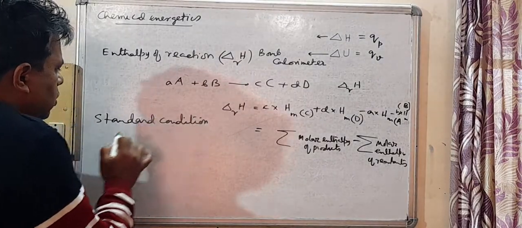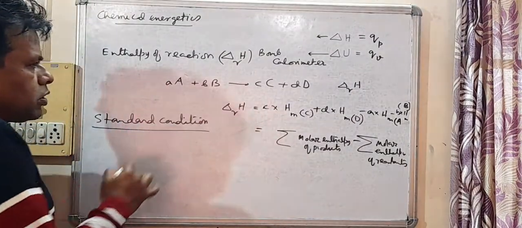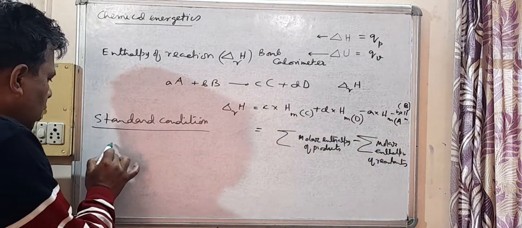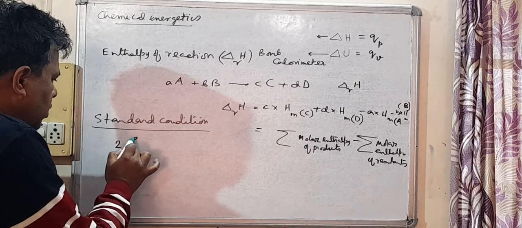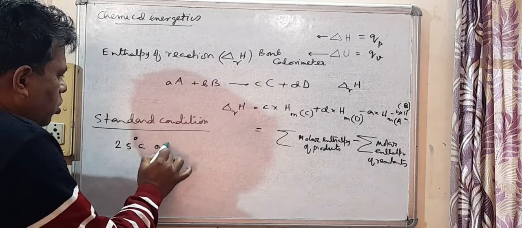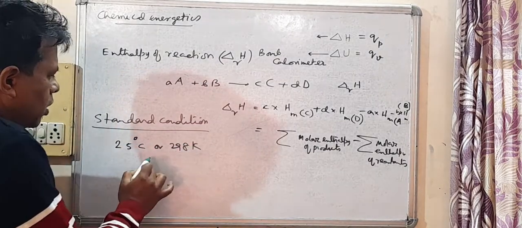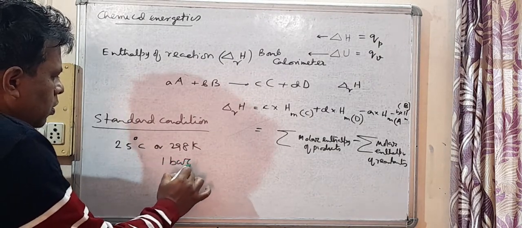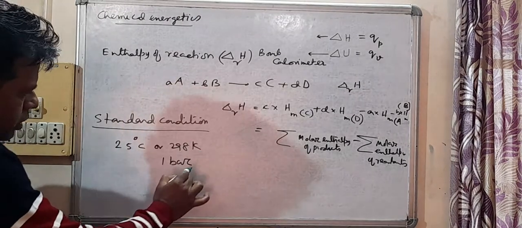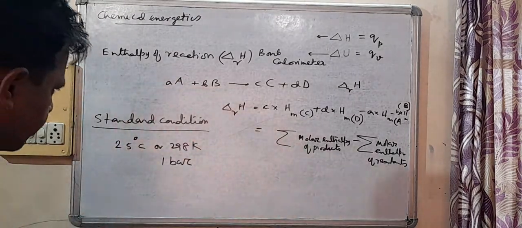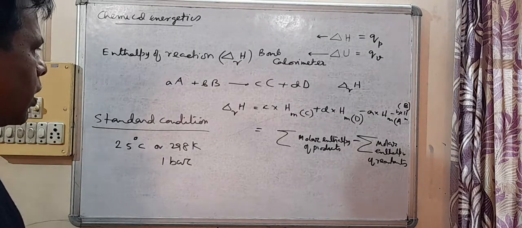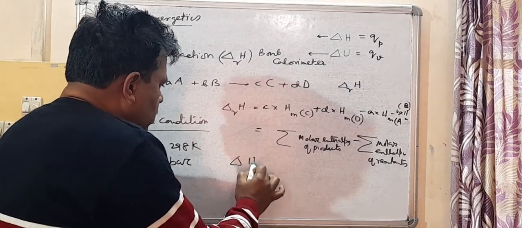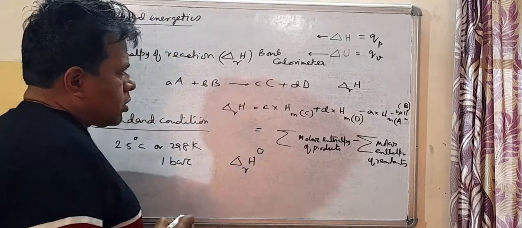Standard condition. The standard condition we generally choose in thermodynamics is at a temperature of 25 degrees Celsius or 298 Kelvin, and at a pressure of 1 bar. So under this condition, the enthalpy of reaction is called standard enthalpy of reaction.